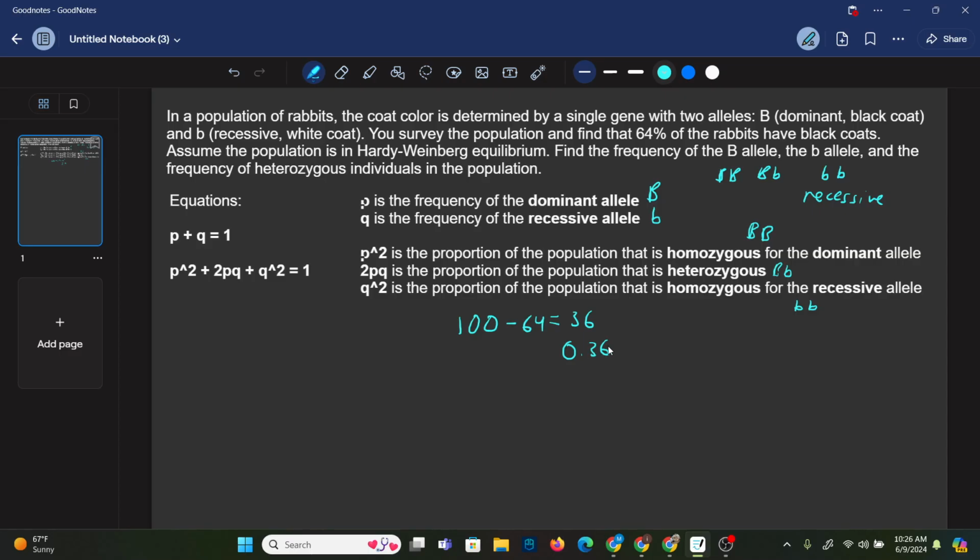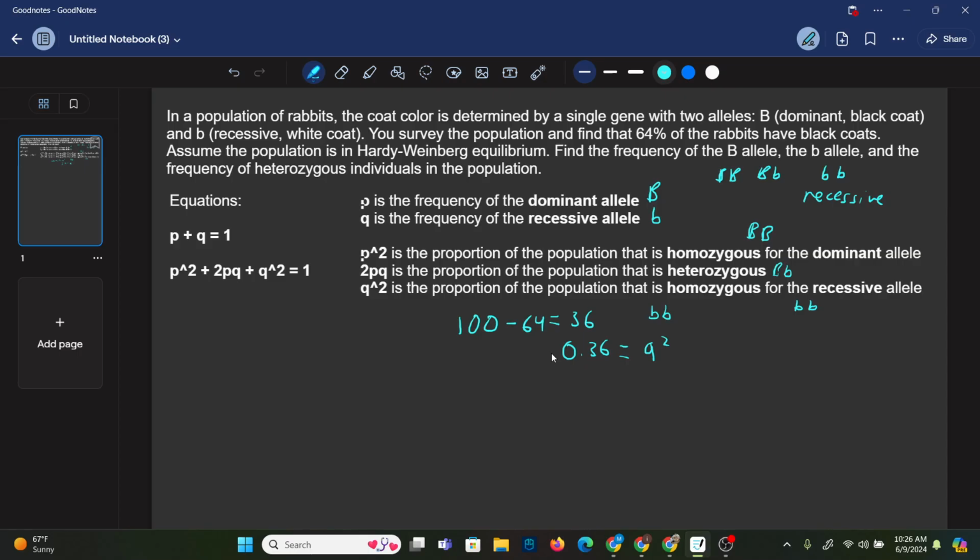So this would equal q squared, because this is the proportion of the population that is homozygous for the recessive allele, little b, because this is the percent of the population with the white coats, which is recessive.